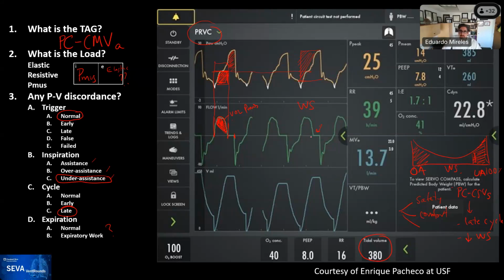If you read this, you would say, well, work shifting, and one of our rules is to treat first the first thing that you see. And then you would say, well, I'm going to increase the tidal volume, or I'm going to increase the support. But you also have late cycle there. So maintaining the I time in a patient like this would not be a fair thing to do for this patient.